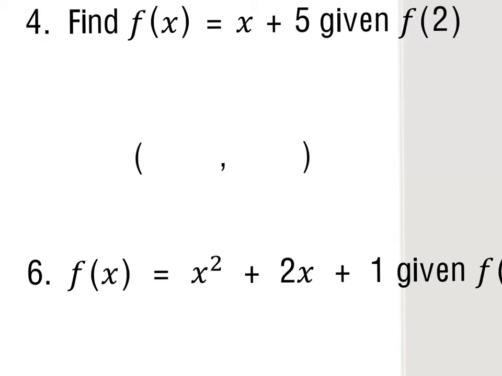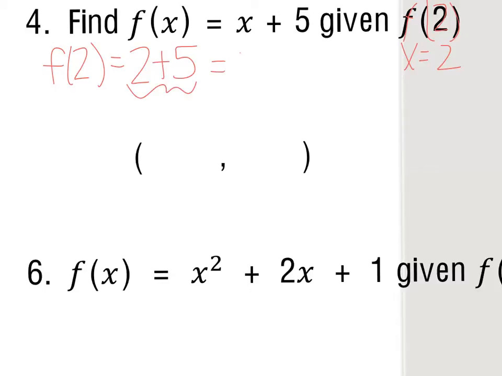So how we actually do this: it says find f of x equals x plus 5 given f of 2. When they give us this notation, f of 2, they're saying x equals 2. So we've got to plug in 2 for x and see what we get. Well, 2 plus 5 is 7.